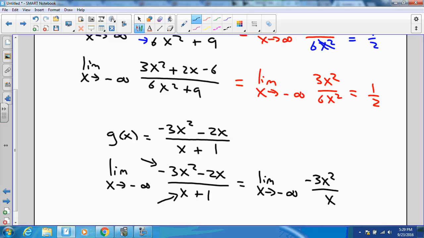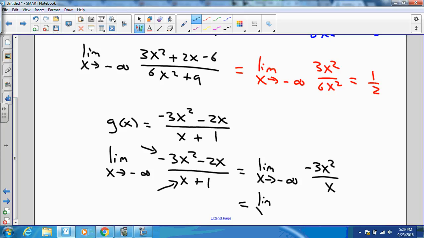And I'm going to replace the denominator with x, its end model. So there's my end model replacement. And now I can do a little bit of simplification. I've reduced the limit of my rational function to the limit of a monomial term. And this gives me now, in form, negative 3 times an odd power of x, as x goes to negative infinity, which is going to give me positive infinity as the limit.